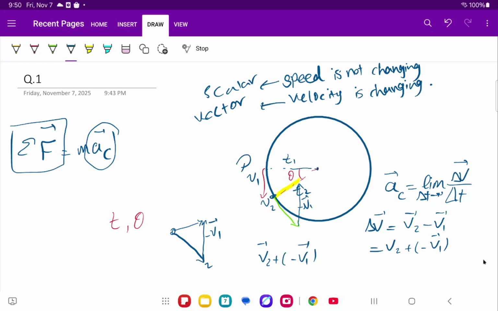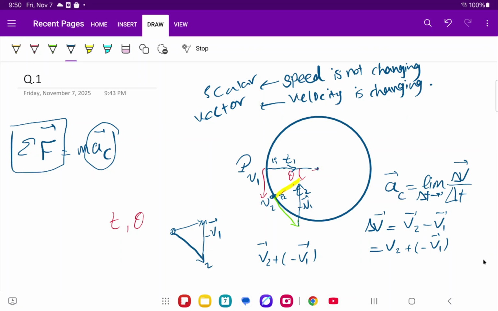We can call the object at two points small p1 and small p2, and capital P. At point p1, similar to p2, we will have the force inward toward the center of the circle.